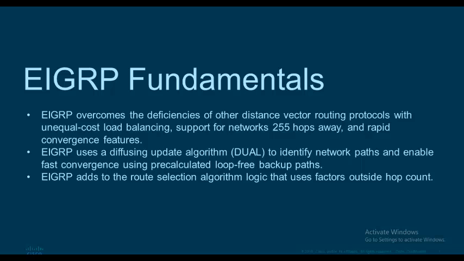All protocols by default support only the lowest cost path and equal cost. If you want to do load balancing, equal cost load balancing is by default available. But unequal cost load balancing, only EIGRP can support.